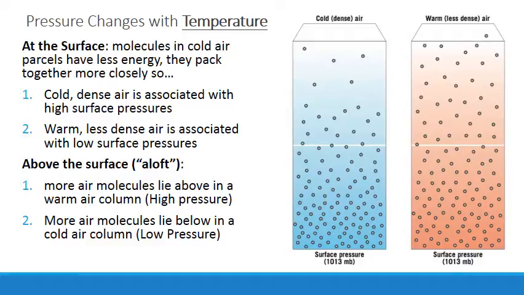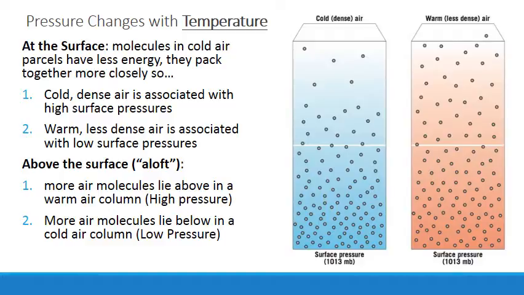By contrast, during the summer, large areas of the American Southwest experience extremely high temperatures, accompanied by low surface pressures labeled with red L's, lows, on the weather map. So all else being equal, a cold air column is associated with high surface pressure, and a warm air column is associated with low surface pressure.